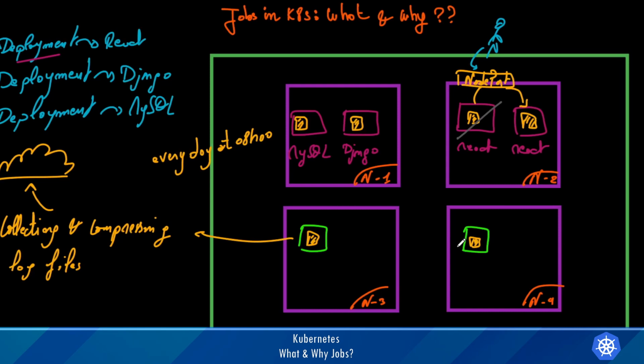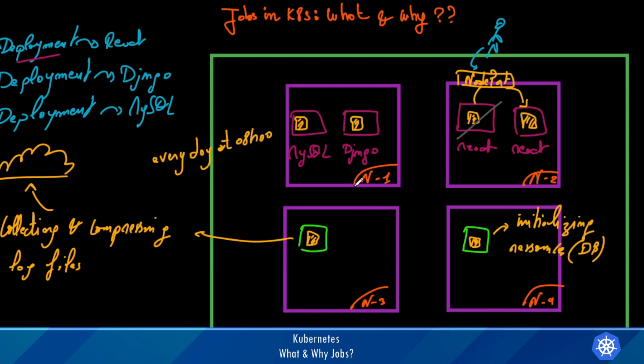For example, we want to deploy this application just for initializing resources like a database. So we want this application to be deployed for just initializing the database, for example, and after initializing the database, we don't need this application anymore.